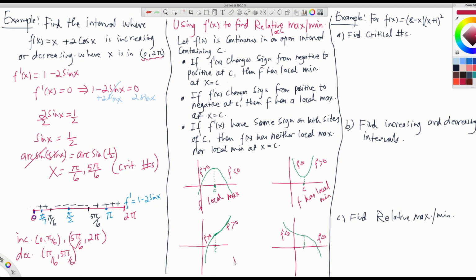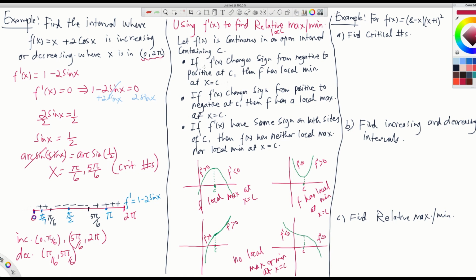In these other two cases, there is no local max or min at x equals c. This is what the test says.